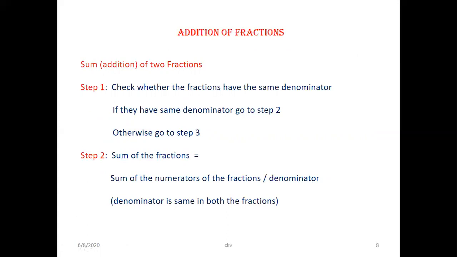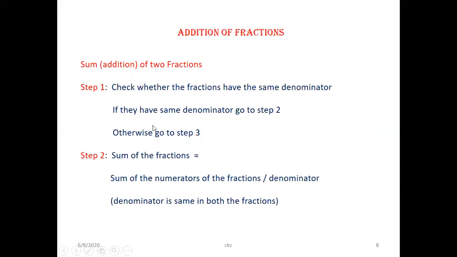When both the fractions have the same denominator, it is very easy to find the sum. You write the sum of the fractions as the sum of the numerators divided by whatever you have in the denominator. As both the fractions have the same denominator, that can be written here.